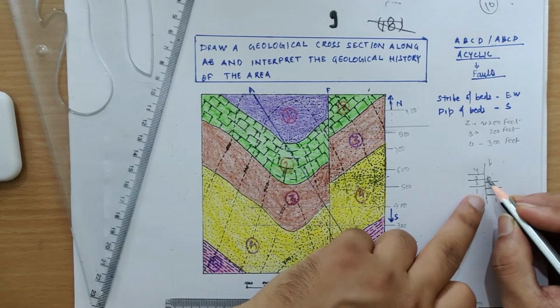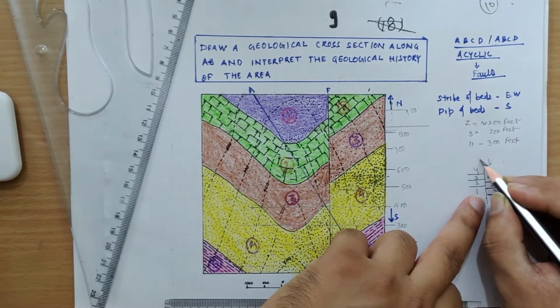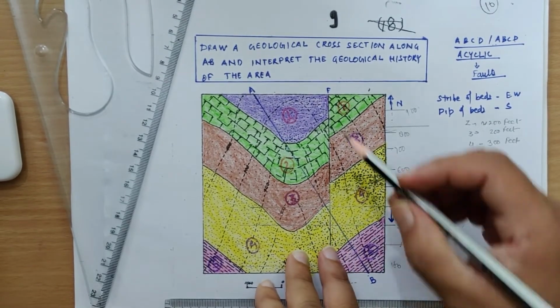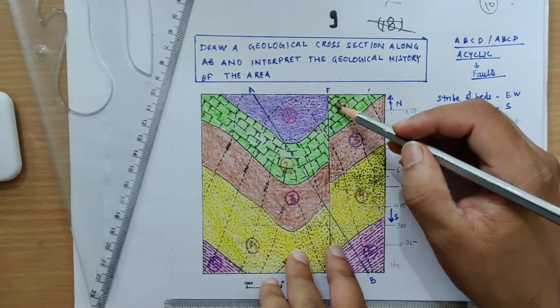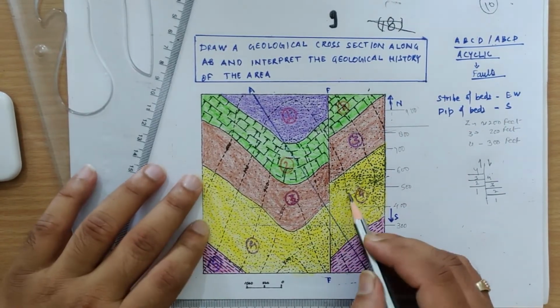So here the younger beds are coming in contact with the older beds. That direction is our down throw direction. So if we see the younger beds are coming in contact with older bed over here, so this direction over here is throw.